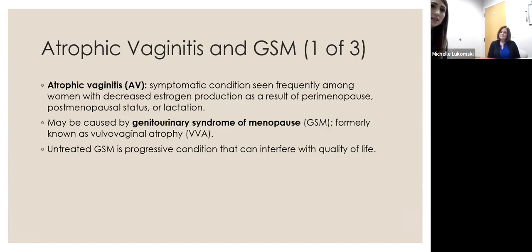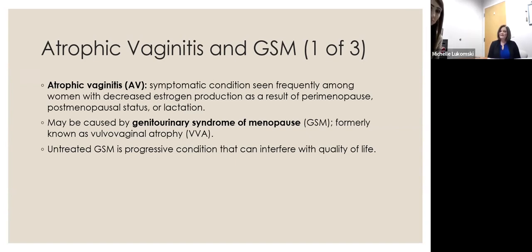Perfect. So let's talk about atrophic vaginitis and genitourinary syndrome of menopause. Anything you can touch base with this? Yes, I see a lot of this. This is a very common change that we see that's normal after menopause.